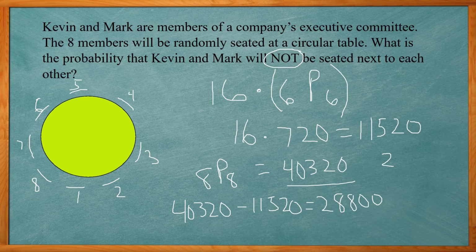So our fraction would be 28,800 out of 40,320. And you can put that in your calculator, then convert it to a fraction, and that reduces down to 5/7. So the probability of Kevin and Mark not sitting next to each other would be 5/7.